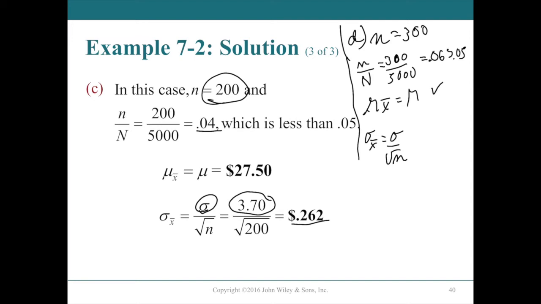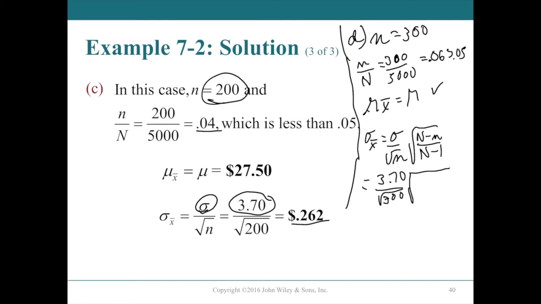We'll keep the original part, which is still the biggest part of it, and make this adjustment with the correction factor, and it'll be multiplied by the square root of capital N minus little n divided by capital N minus 1. So what happens in this particular problem is you still have your 370.